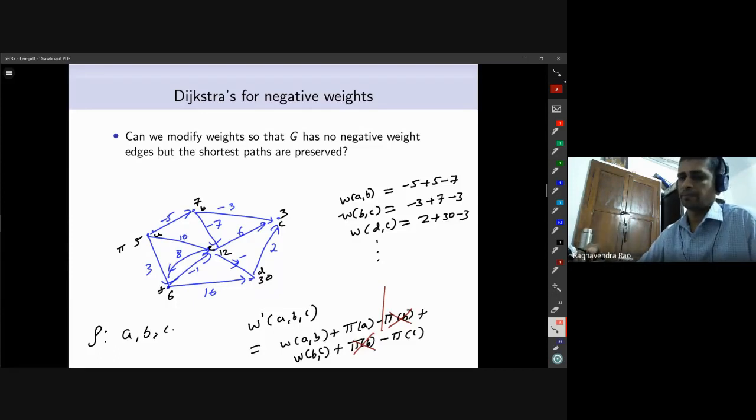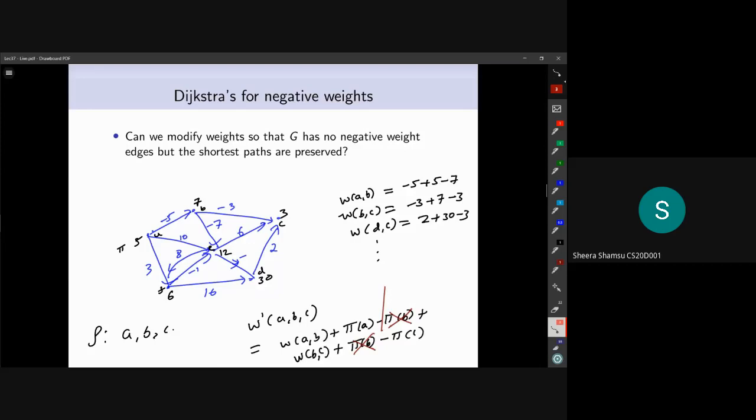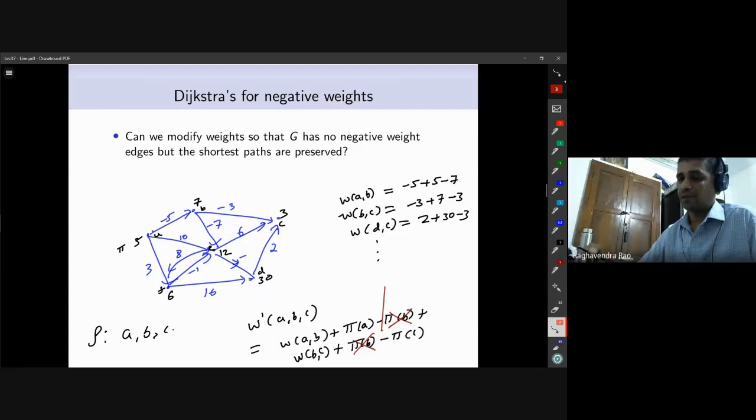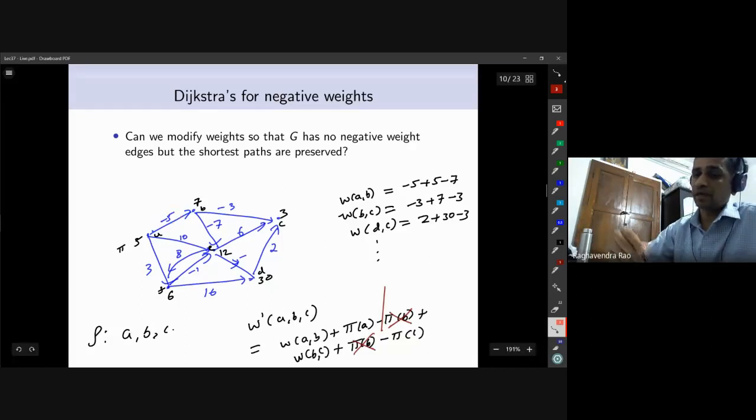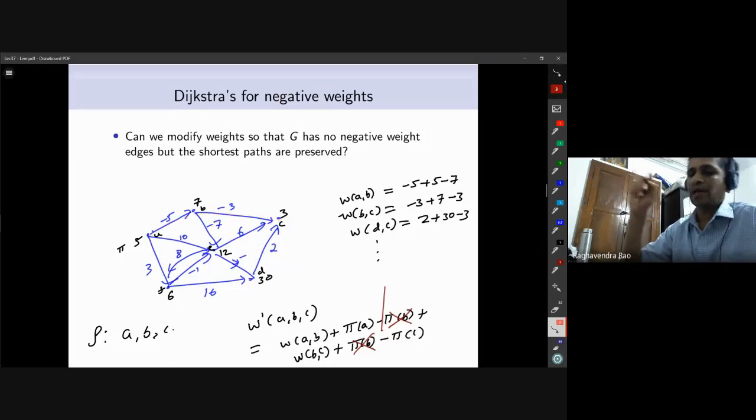So the idea is not to modify individual weights of edges, but to modify the endpoints of the paths. No, we will essentially be modifying the weights of individual edges, but you modify them in such a way that for a fixed source and destination, say A and C, for every path the difference between the original weight and the modified weight will be a fixed number.